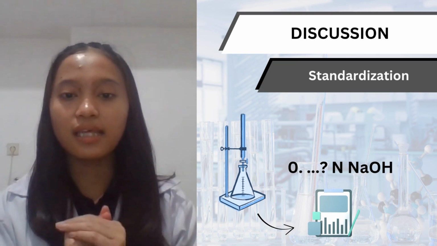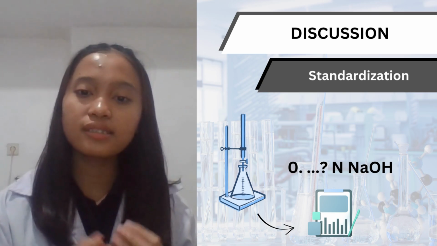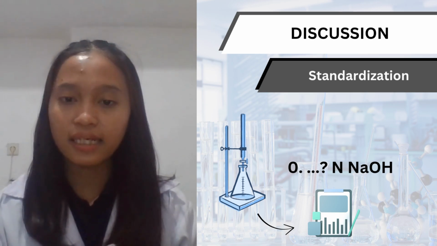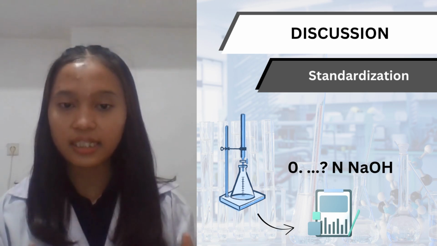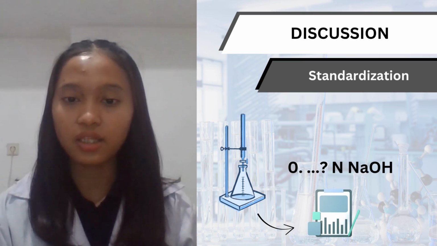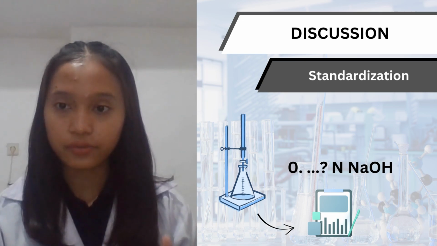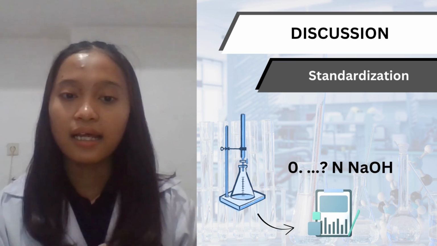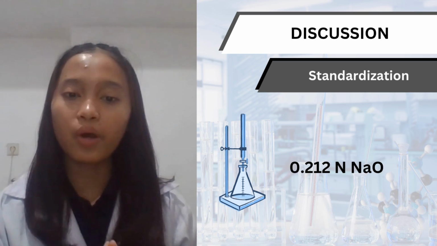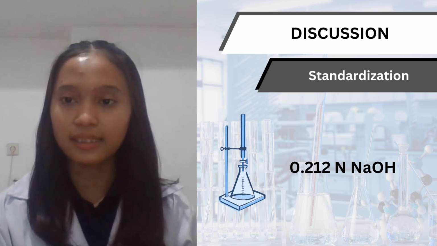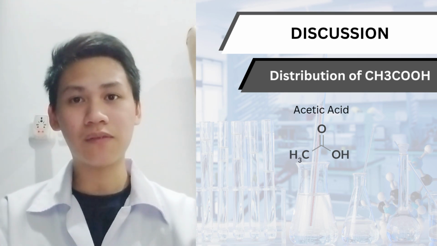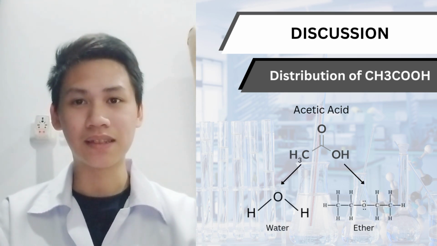This standardized NaOH solution will be used later to titrate the aqueous phase of acetic acid after extraction, ensuring accurate measurement of acetic acid concentration. The result from the data: the normality of NaOH is 0.212 normality.